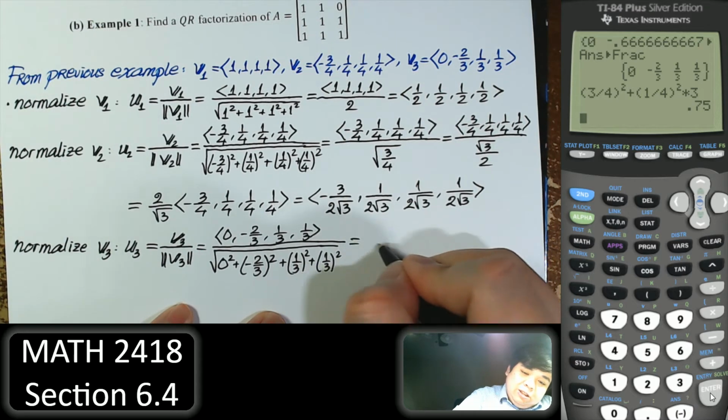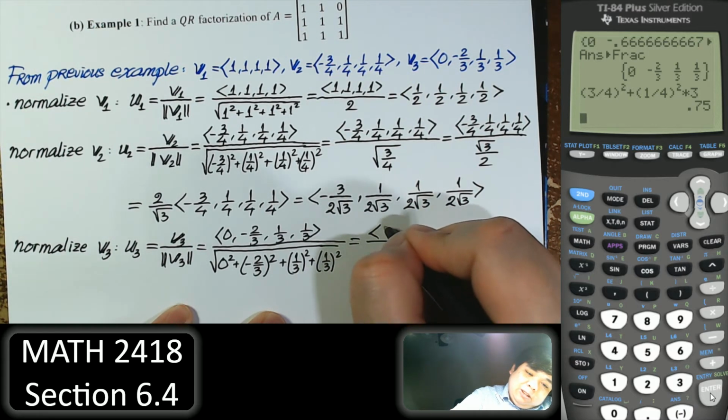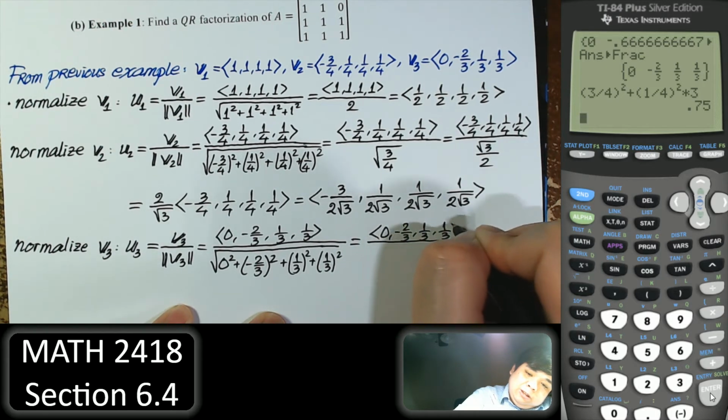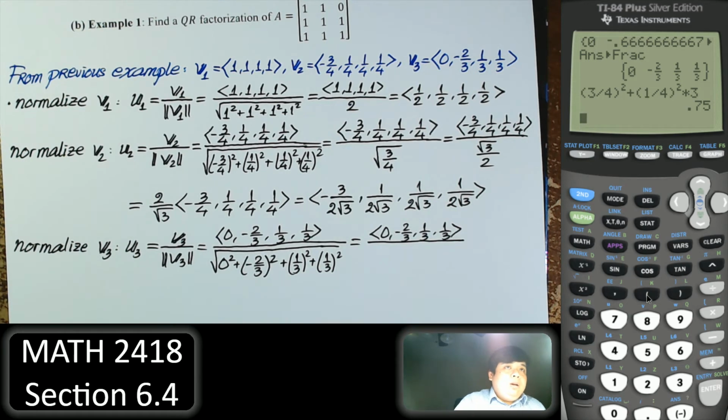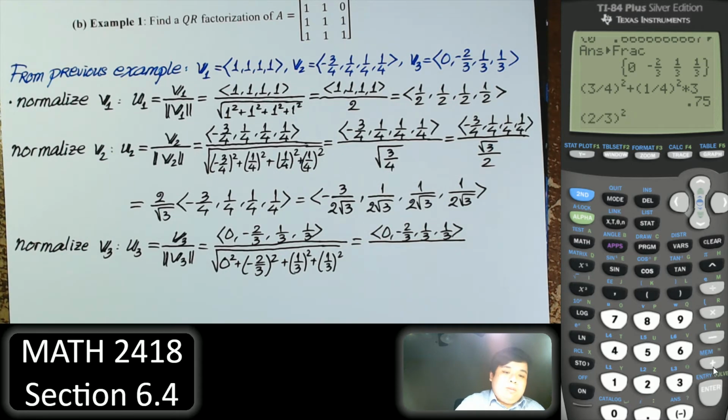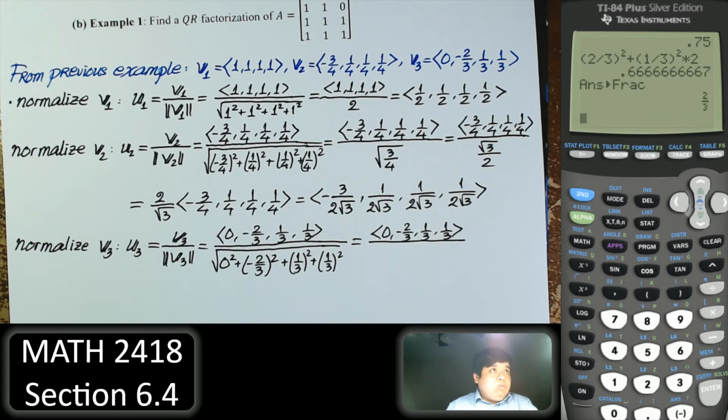As to the inside of the square root, we have 2/3 squared, 1/3 squared, and then 2 of them, which is 2/3.